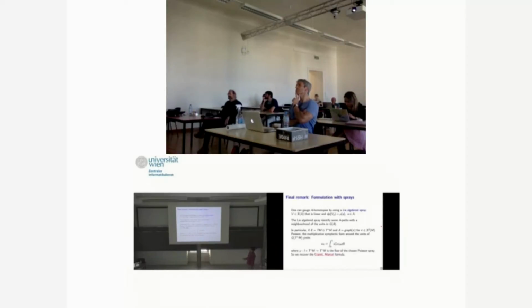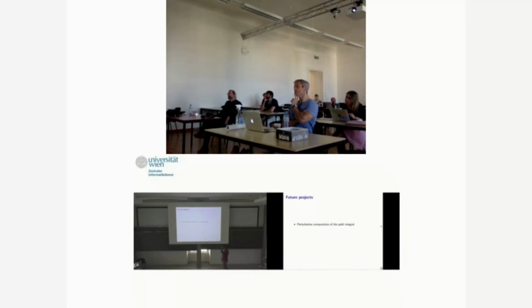And just to end, some future projects that we have. One is to try to do some perturbative computation. Maybe I can learn this propagator that Pavel is proposing, and this can help us make some kind of quantum computation there.